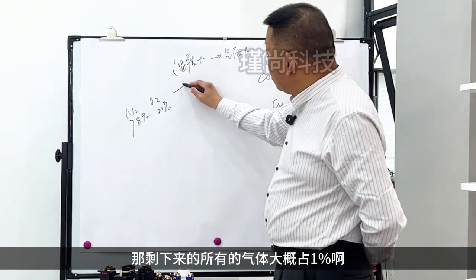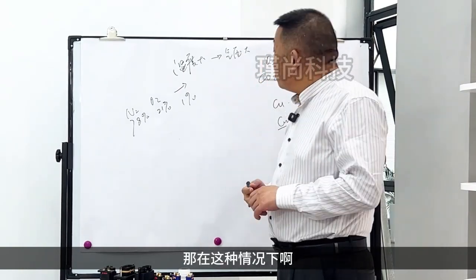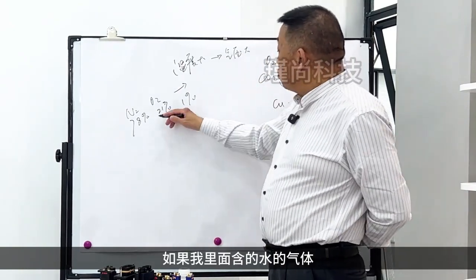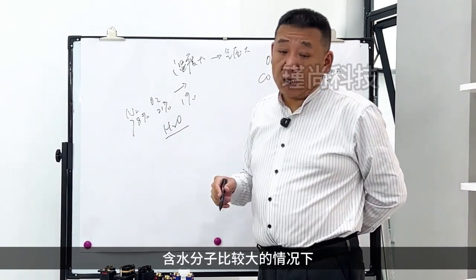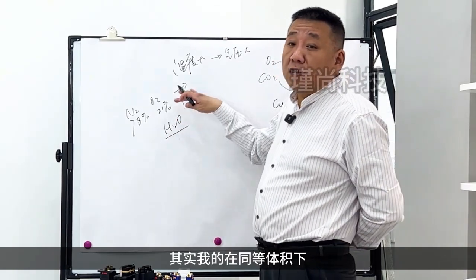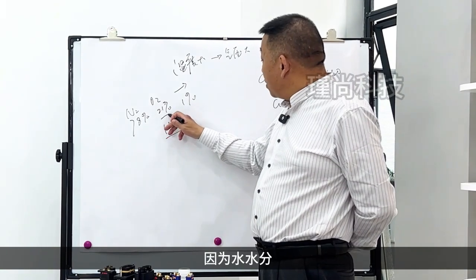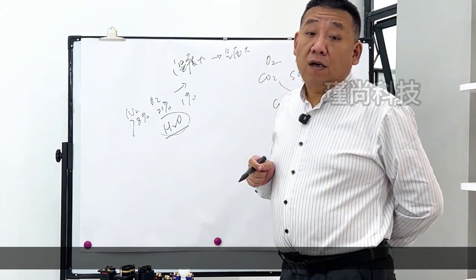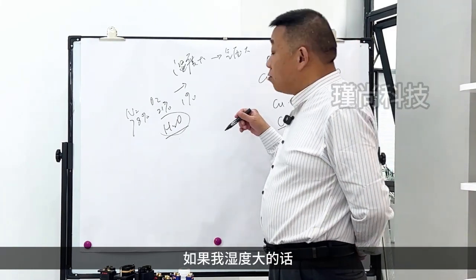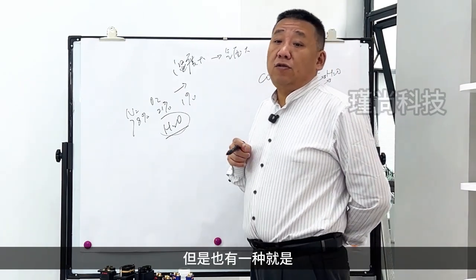What about if I contain water vapor, when the water molecules are relatively numerous? In fact, under the same volume, my molecular density is high because water molecules are smaller than oxygen molecules, with a lower molecular weight. So in this case, if I have a lot of humidity, it's normal that the air pressure will be higher.